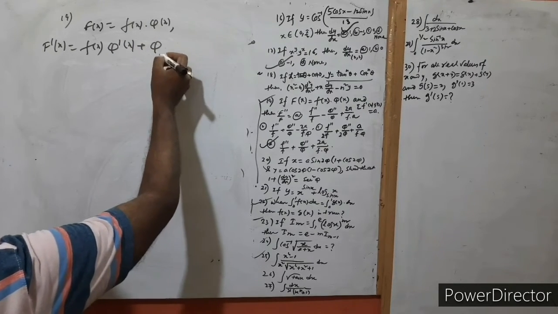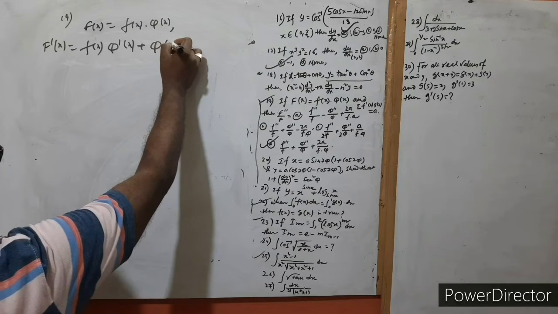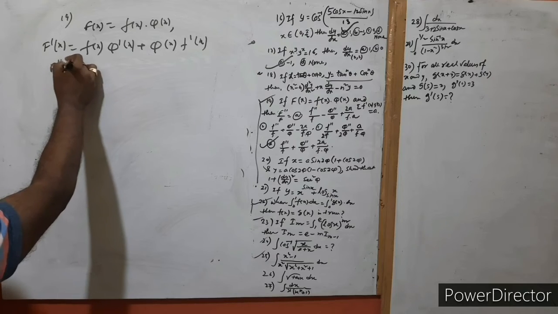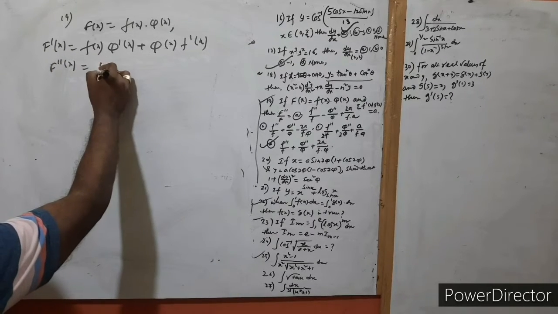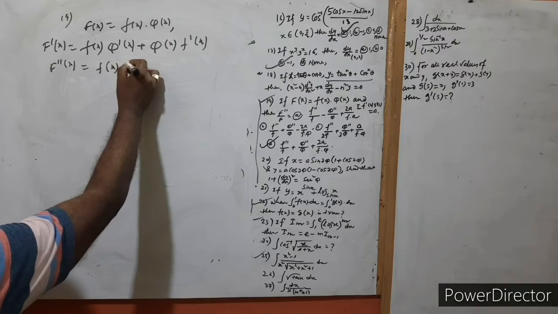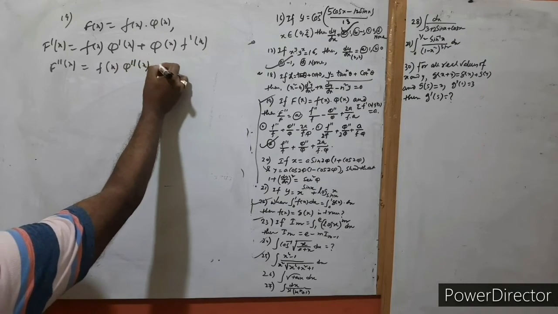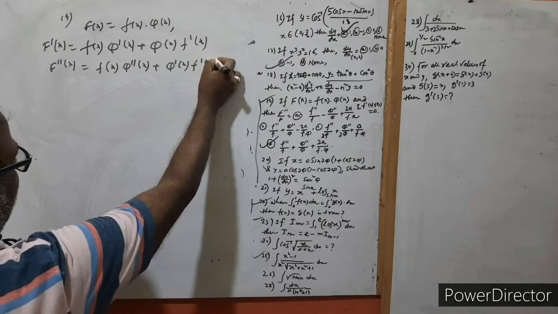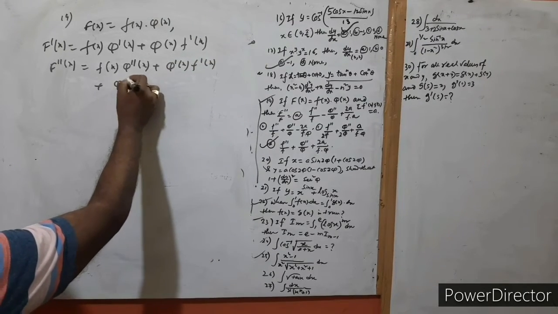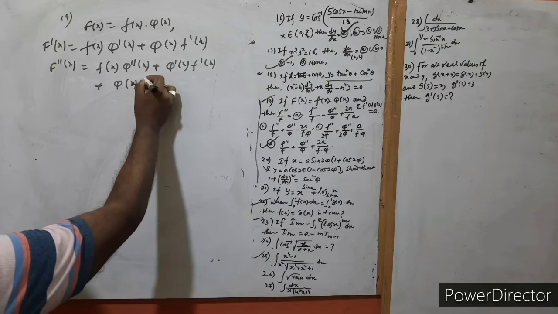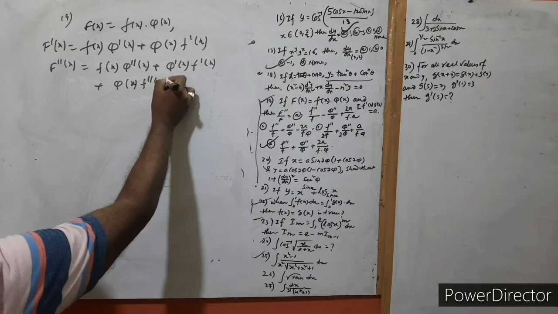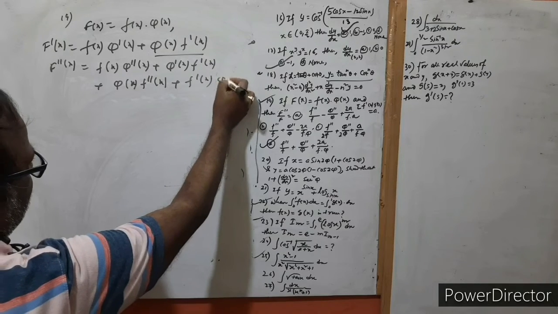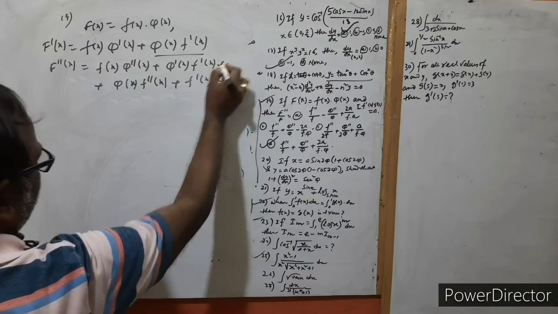okay, and this is phi of x and f dash x, and doing u into v, this is f of x and phi dash x, and this is a unchanged f dash x, again phi of x, this is f double dash x, and phi dash x, f of x and phi dash x, these two are same.